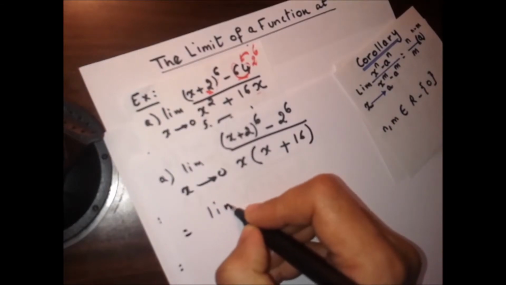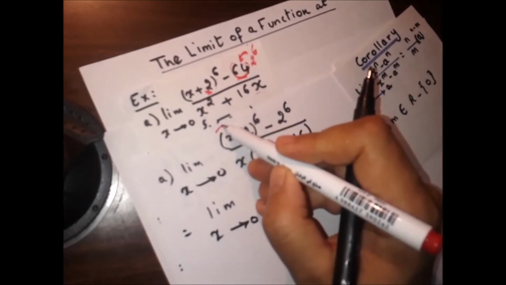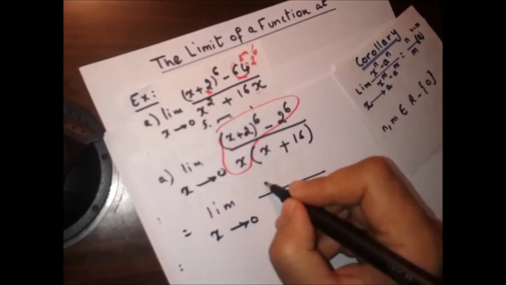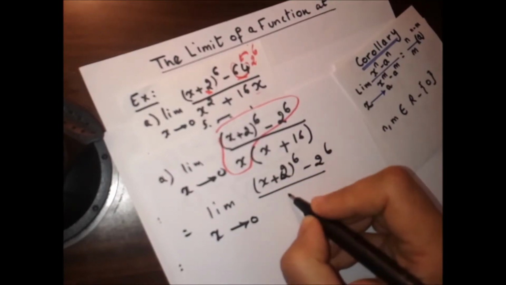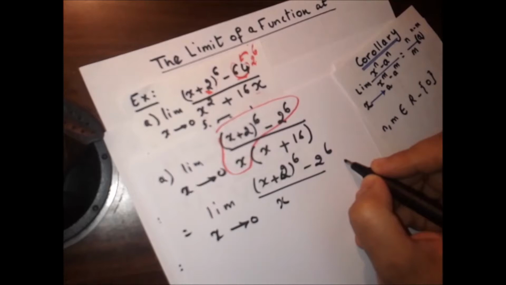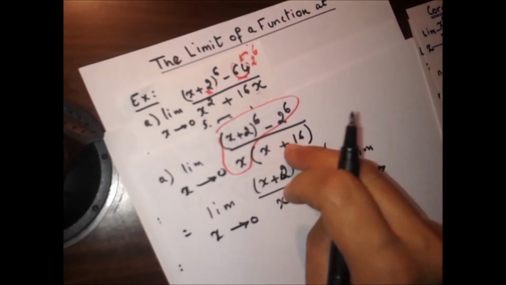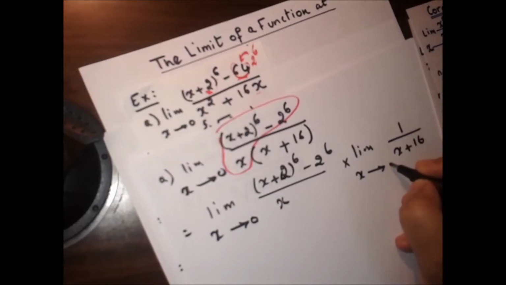This is equal to the limit as x tends to 0 of, taking this as the first part, ((x plus 2) to the power of 6 minus 2 to the power of 6) over x, times the limit as x tends to 0 of, write this as a fraction where we have 1 up and down, it's x plus 16, as x tends to 0.